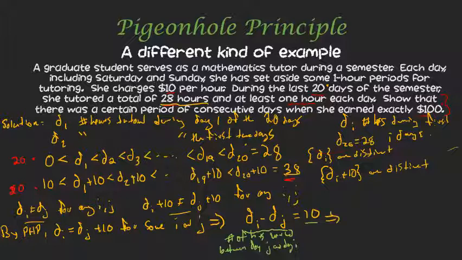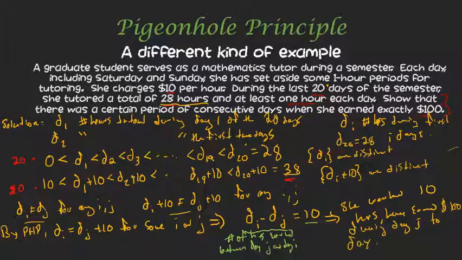And so that means she worked 10 hours, hence earned $100, during that period of consecutive days from day j to day i. We did it. So that's how we'd figure it out. We'd figure out which of these were doubled up, and then we'd subtract them, and that would tell us the period of days where she earned $100.